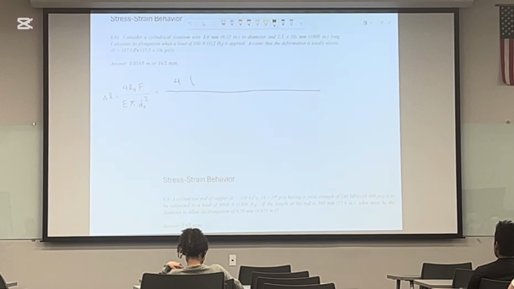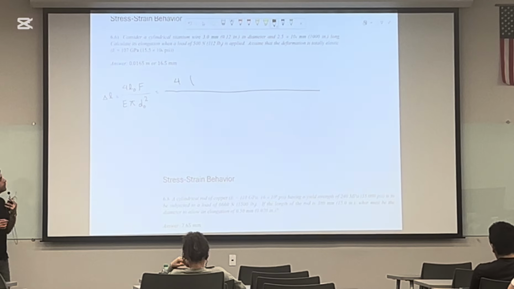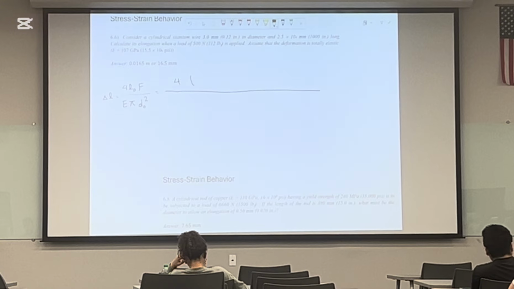It's basically 25 meters, it's 2.5 times 10 to the power 4 millimeters. And force is 500 Newton.